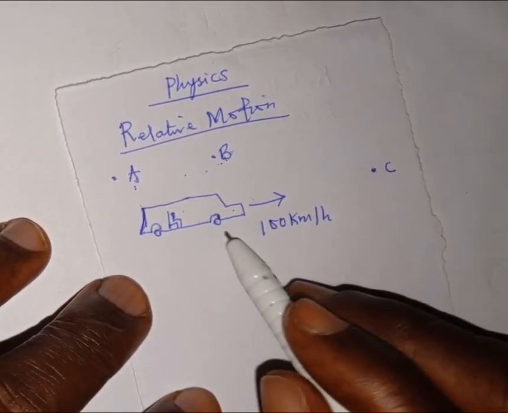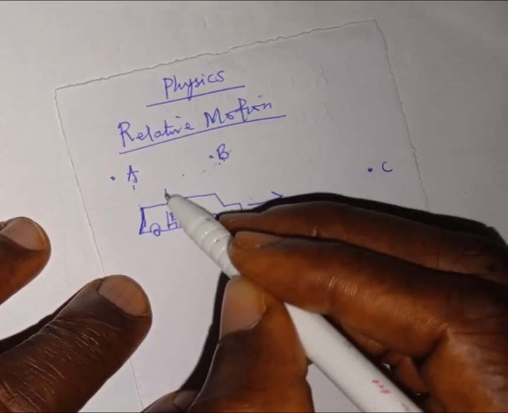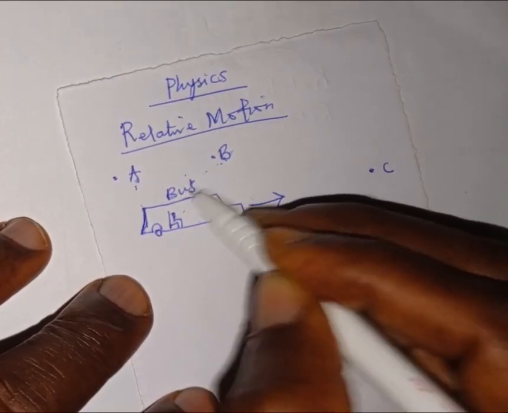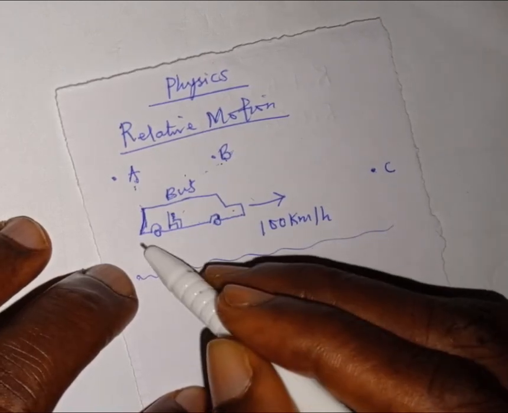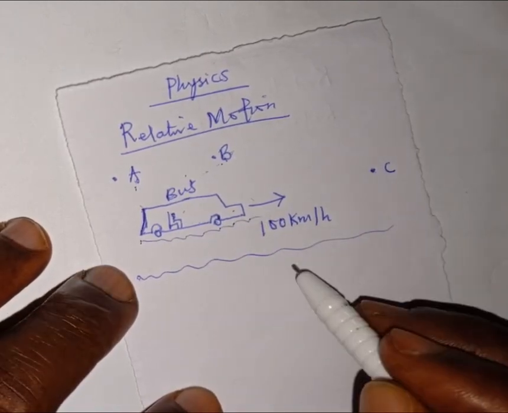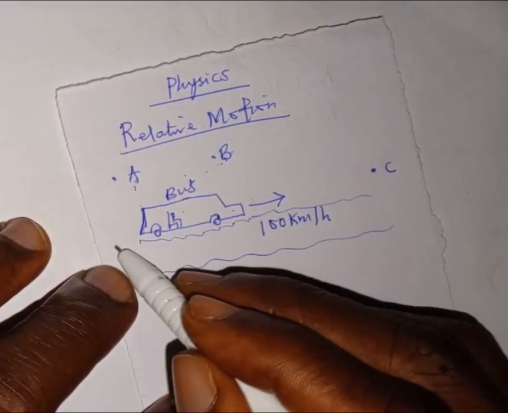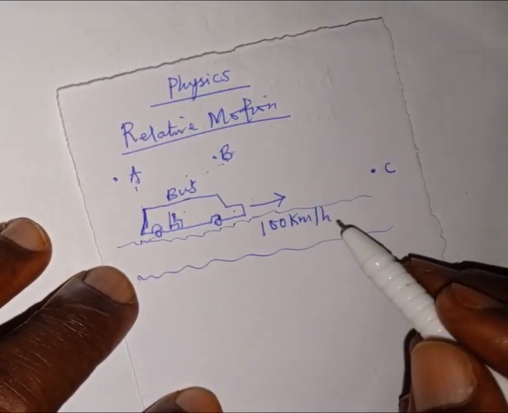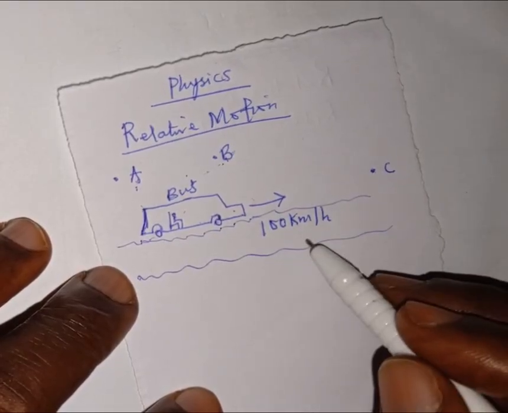So we will say that the speed of the bus relative to the earth, relative to the road that it is traveling on, relative to the ground, is 100 kilometers per hour. That is the speed of the bus.